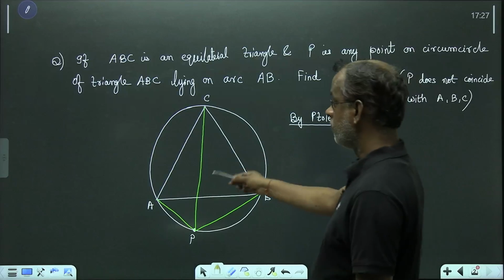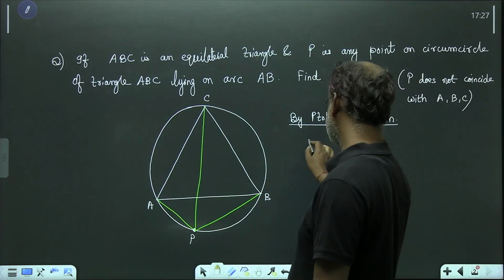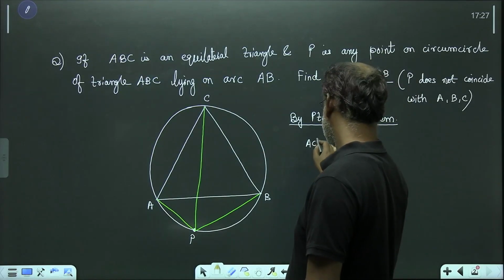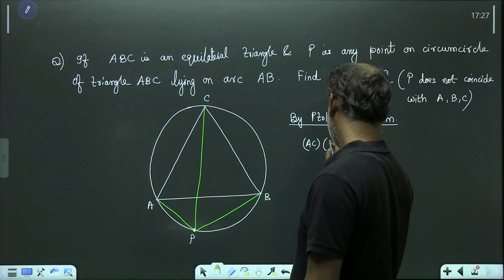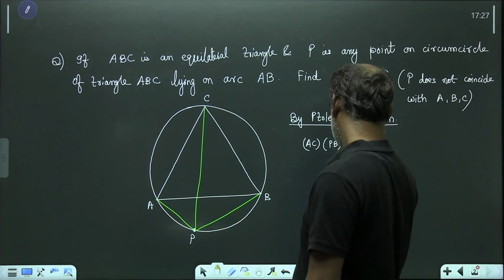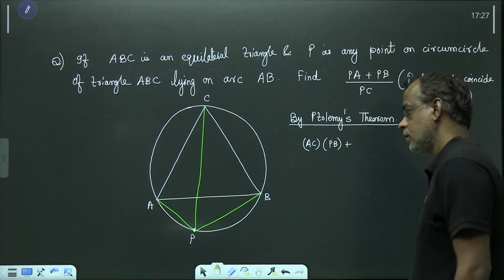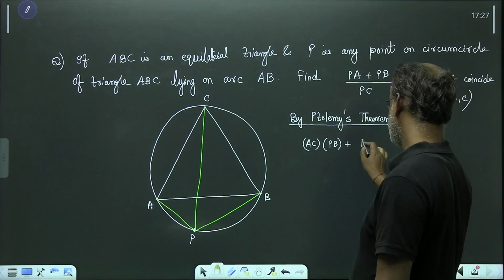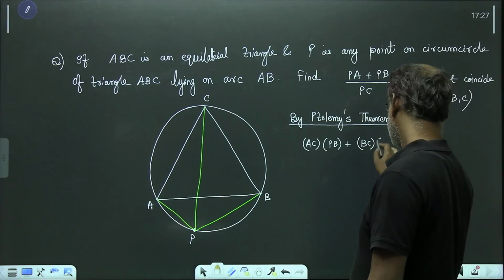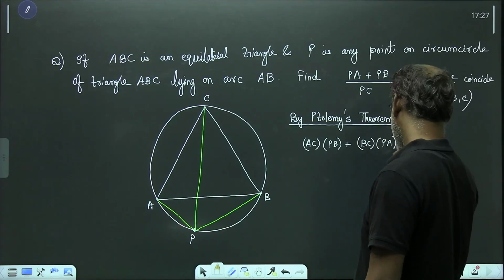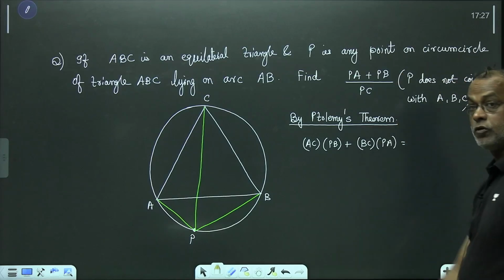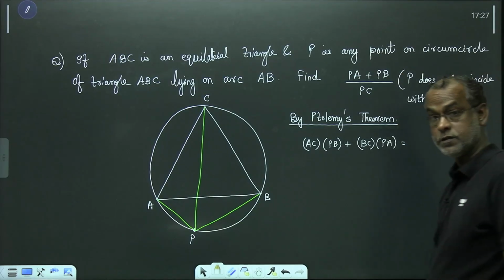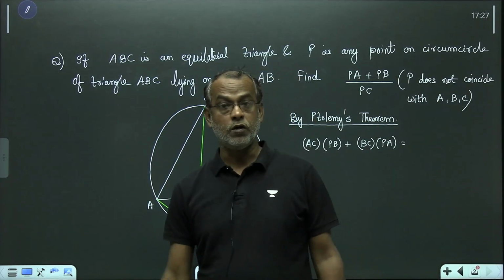See, the product of opposite sides, AC into PB plus BC into PA is equal to the product of diagonals.